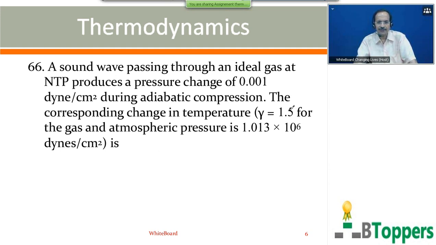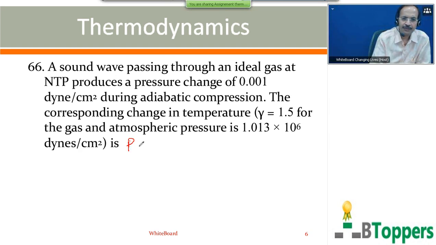So you are given the change in the pressure of the gas. You are given the initial pressure of the gas equal to the atmospheric pressure, that is 1.013 into 10 power 6 dyne per square centimeter.